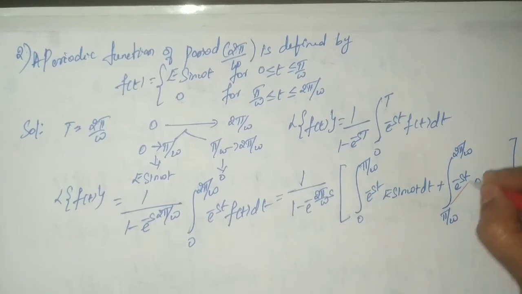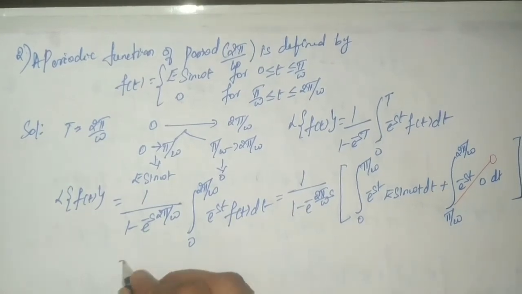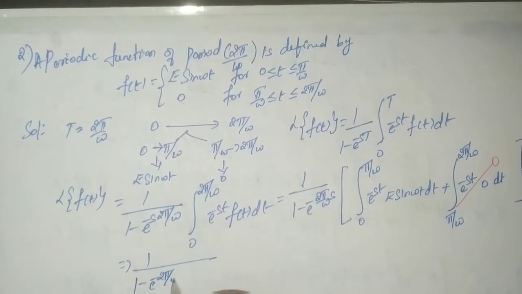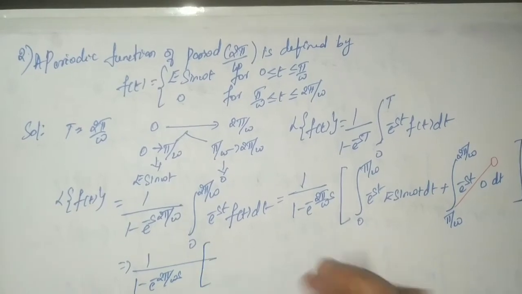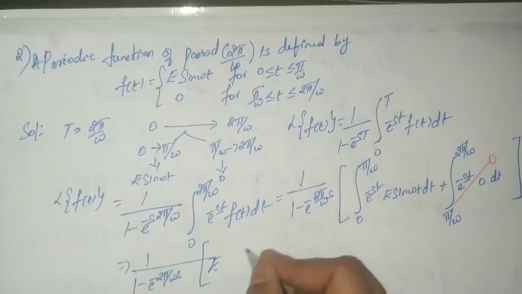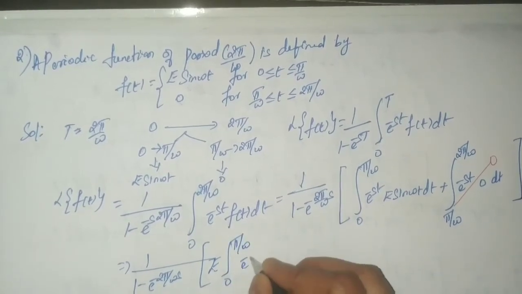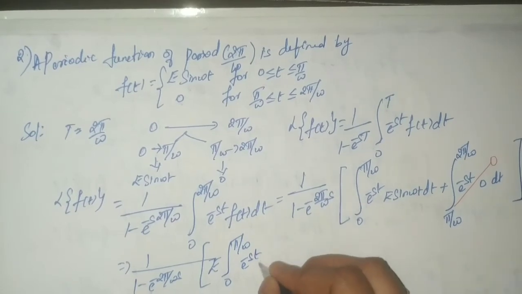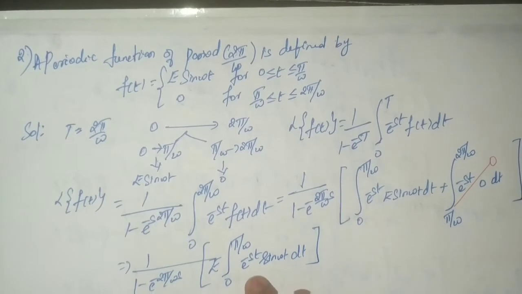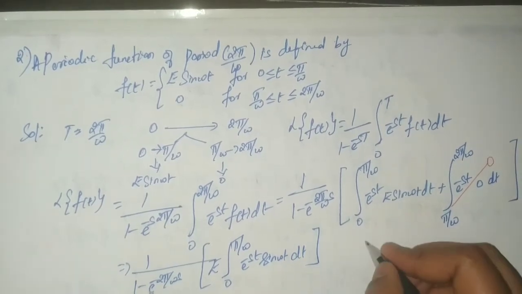So as you know, this term will not exist. You will have only the first term. Capital E is constant, you can keep it outside. Integral 0 to pi by omega e power minus st into sine omega t dt. We have studied an integral with exponential into sine function.